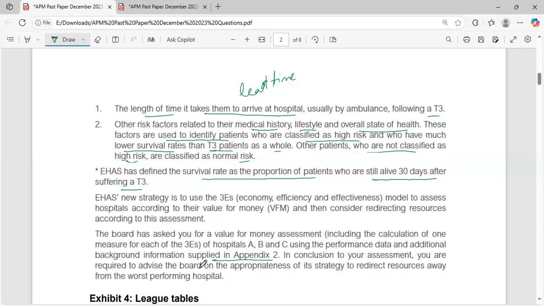In conclusion to your assessment, you are required to advise the board on the appropriateness of its strategy to redirect resources away from the worst performing hospital.